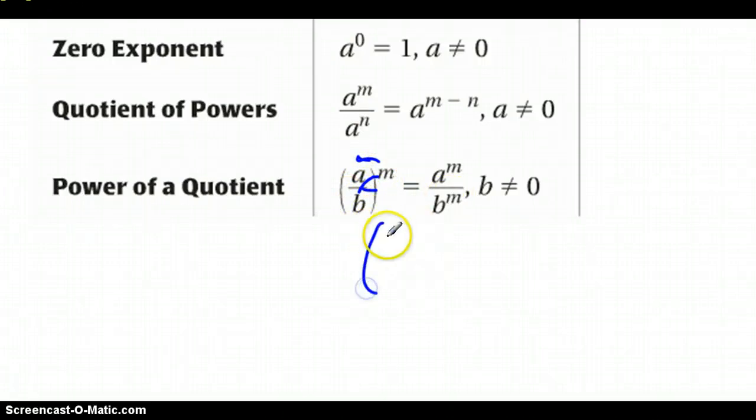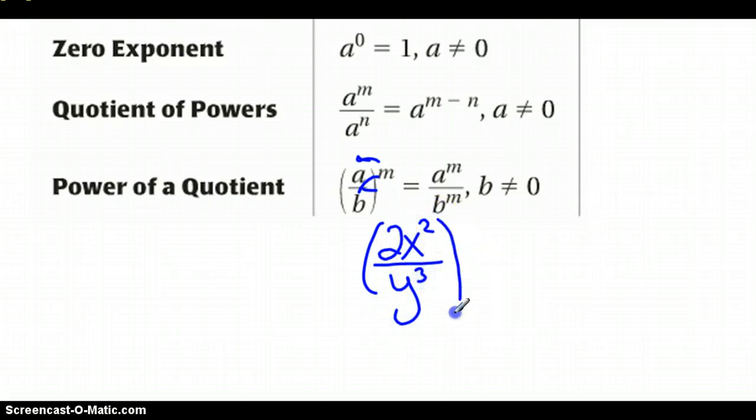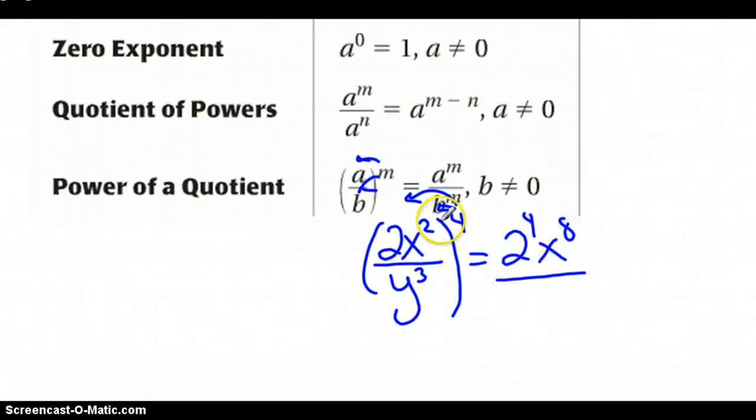For example, and this applies to a number also, if I have 2x squared over y to the 3rd power, all of that to the 4th power. You're going to distribute that 4 to everything. So you have 2 to the 4th x, and then remember you multiply the exponents. 2 times 4 is 8 over 4 times 3 would be 12.